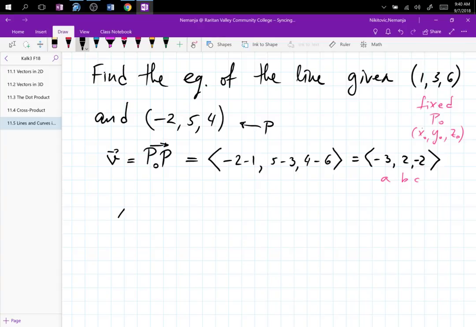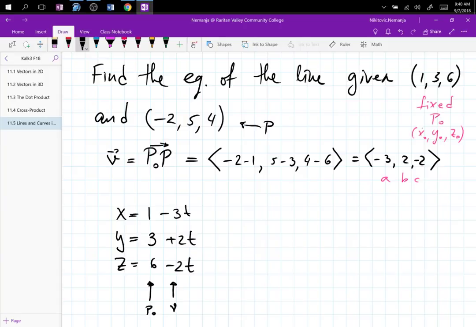So now, x, y, and z, we put our fixed point 1, 3, 6, minus 3t, plus 2t, minus 2t. These are your ABCs. So this is your P0, this is your vector v, and this is your t. This is the answer, guys.